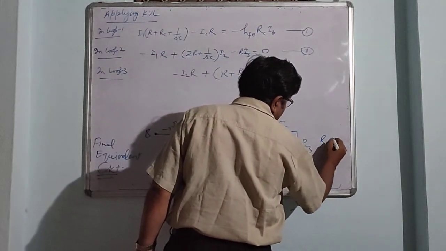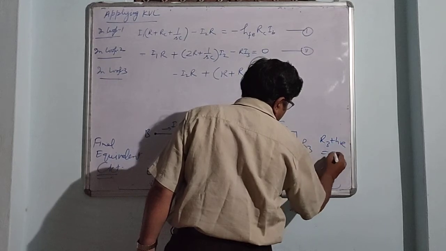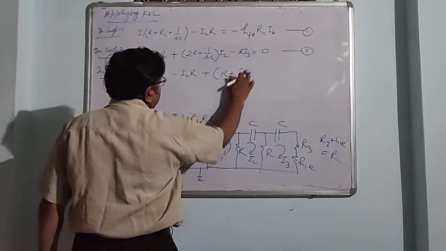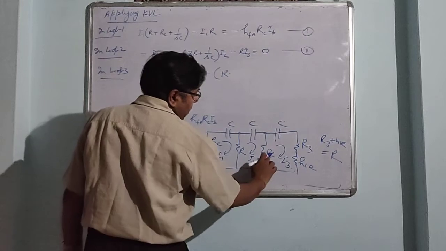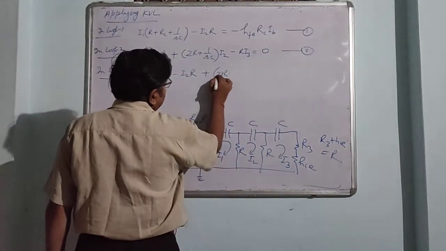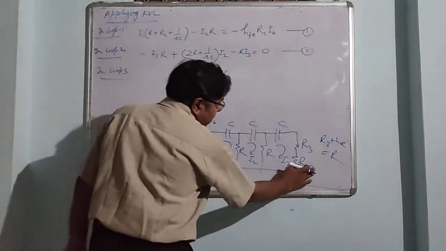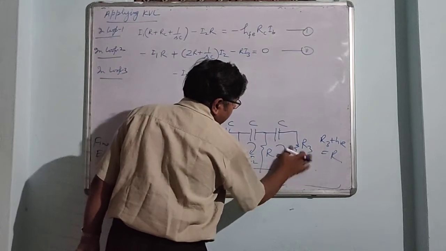This is R3 plus HI equals R. So you can directly write here, you can replace this value R3 and HI.